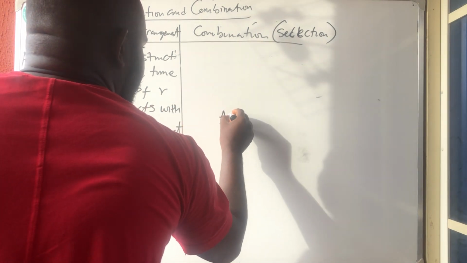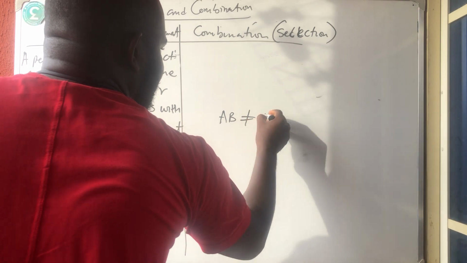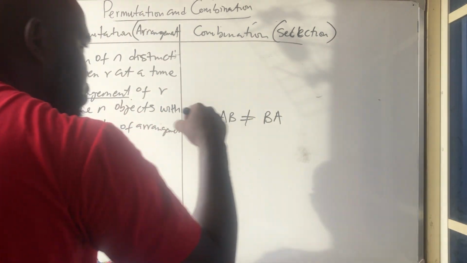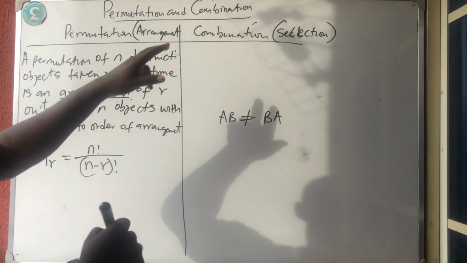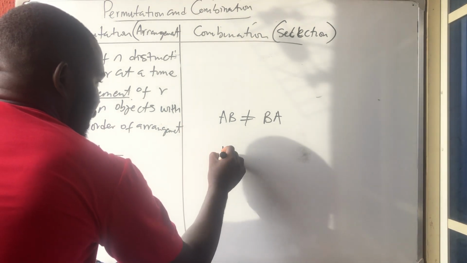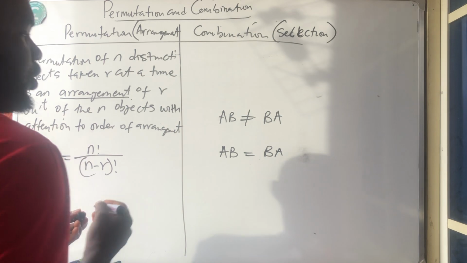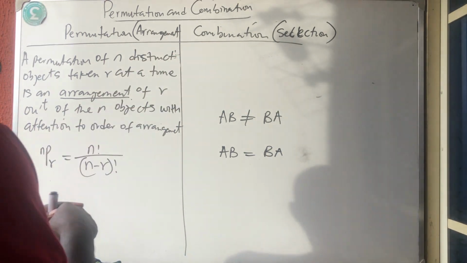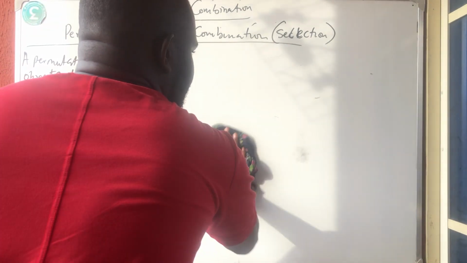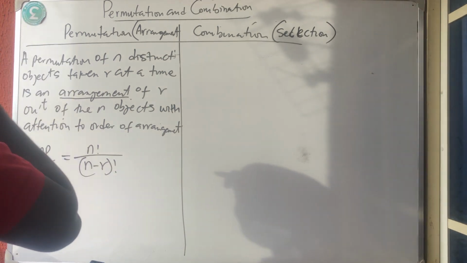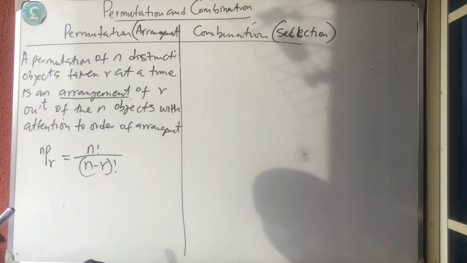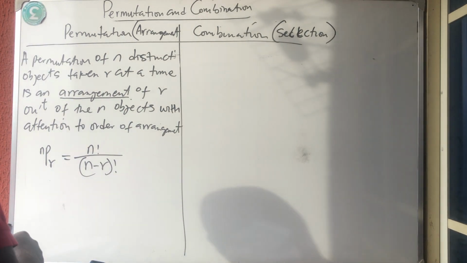That AB is not the same thing as BA. But in selection, once you have selected AB, it's the same thing as having selected BA. So in combination, we don't take note of the arrangement. Once you have selected it, you have selected it. But in permutation, we take note of the arrangement.